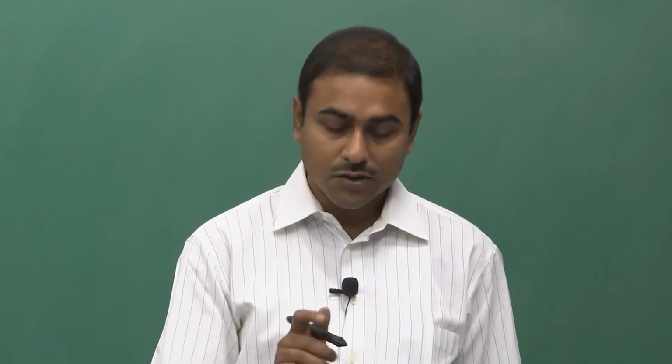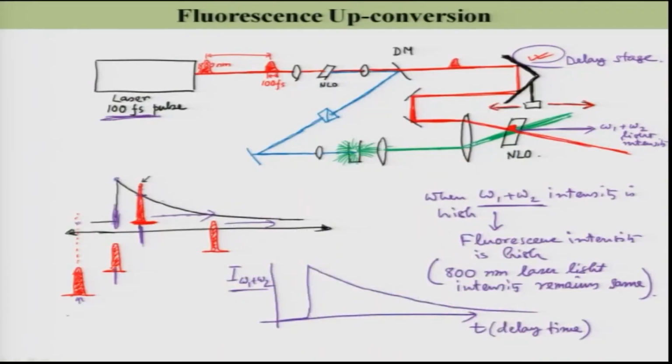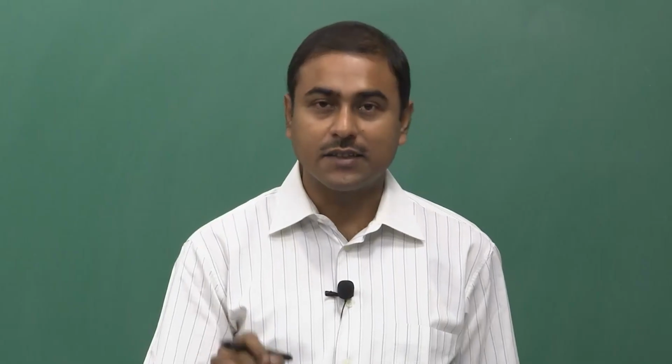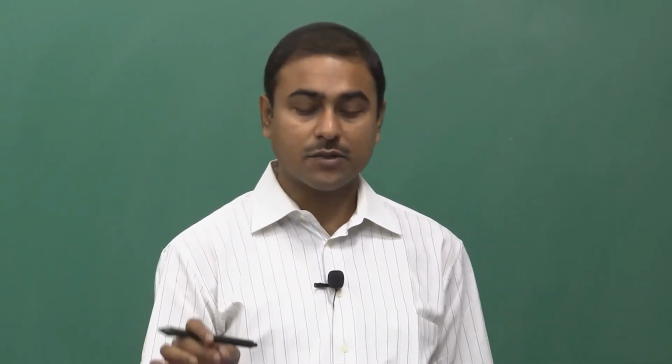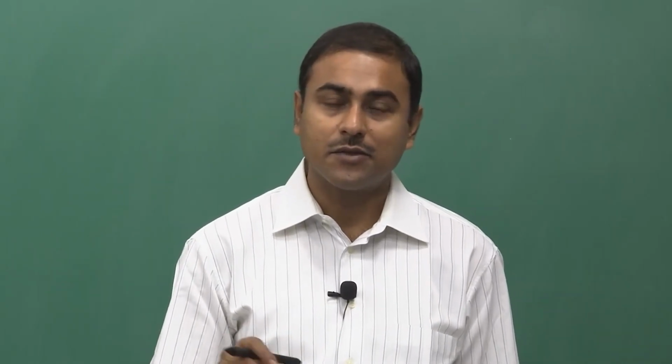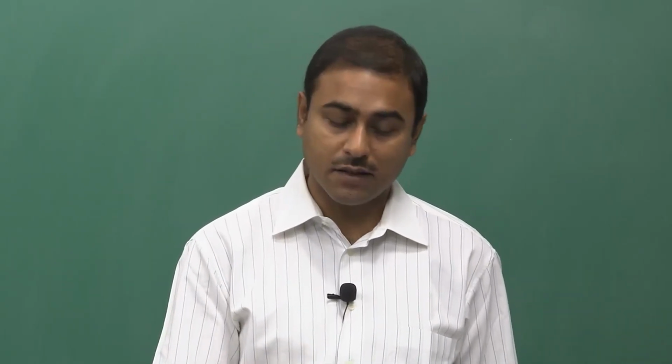So, if you start with a 100 femtosecond laser pulse, then your IRF could be 150 femtosecond. Those small changes are mainly because of the GVD and other things which I am not going to discuss. So, in this case what you can see is that as the setup is only optical and the time measurement is being done by the delay stage, just by changing the distance, that is the measurement of the time, the IRF will be very similar to the laser pulse.